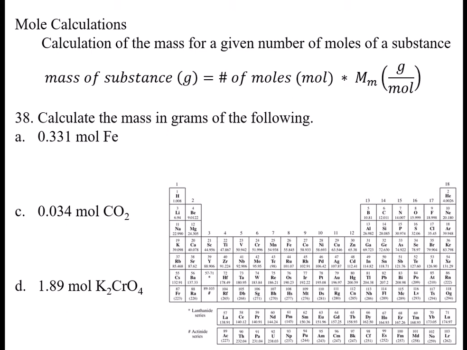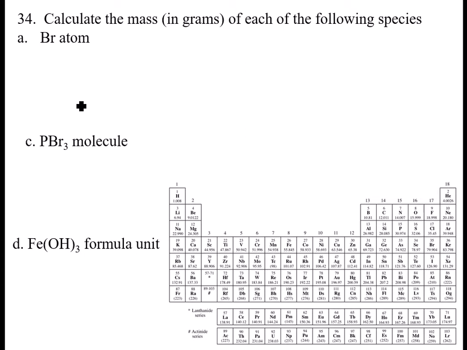Whereas the first type of question that we did, while it doesn't ask it in the question, here are the key words. Here's atom, here's molecule, and here's formula unit. So when you see those as any part of the question, that's your cue that you have to use Avogadro's number.